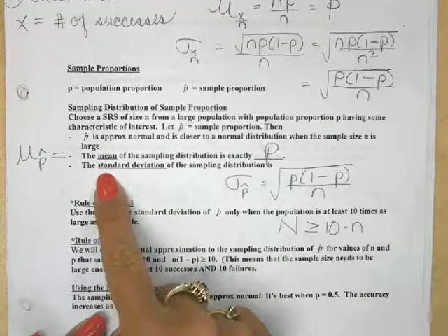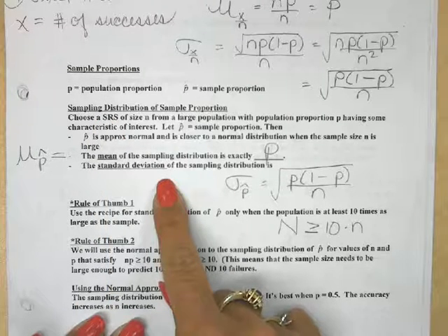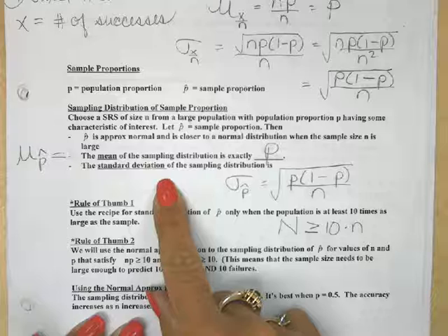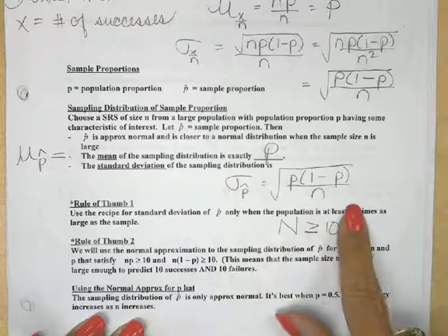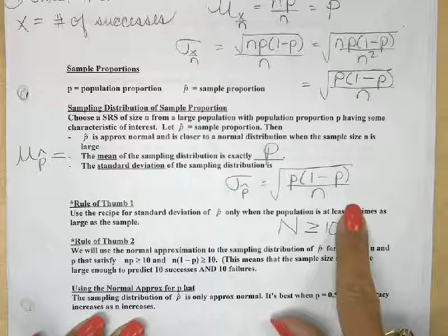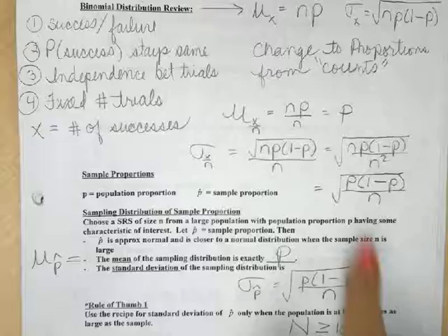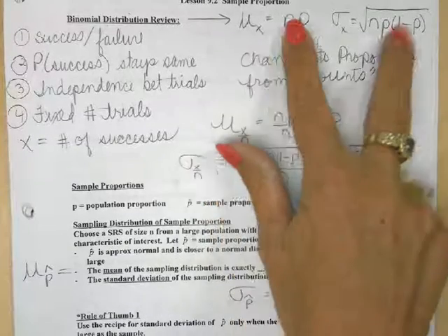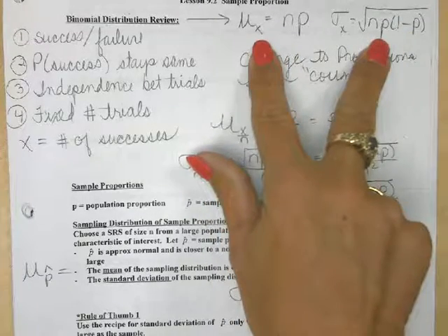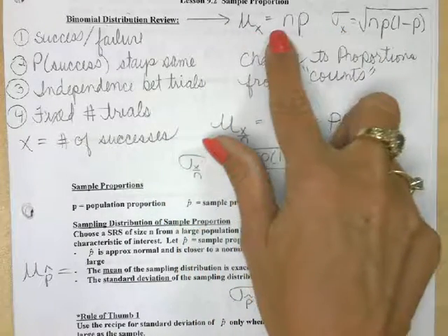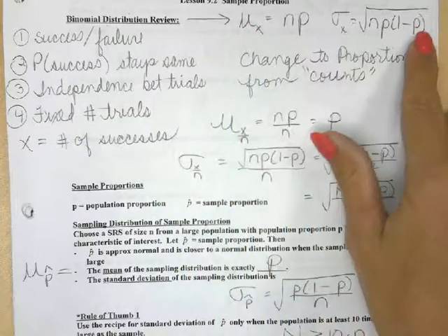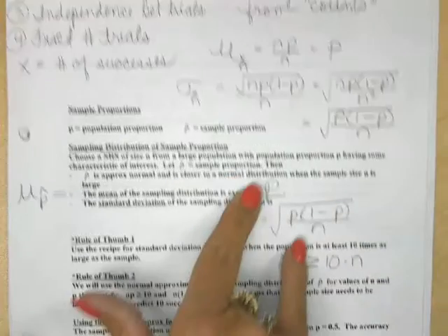And the standard deviation, or how variable each of those p hats will be from each other if I look at many of them, will have this measure. And so we kind of proved the formula, or showed the connection to the binomial distribution. So the mean and standard deviation for a binomial setting, if we simply divide by n to make these proportions, we come up with these formulas.